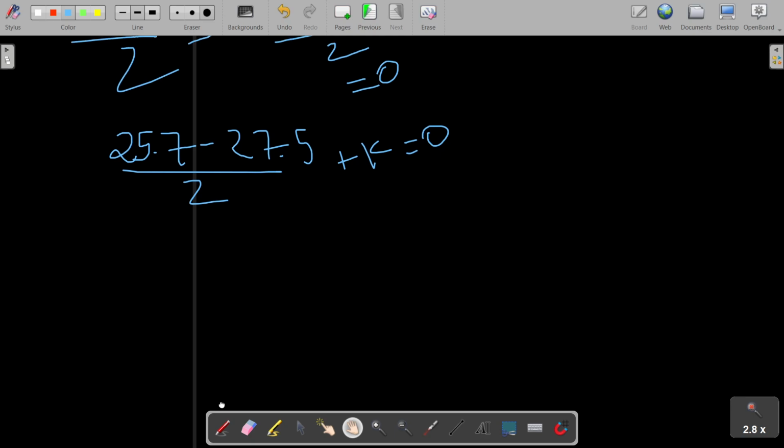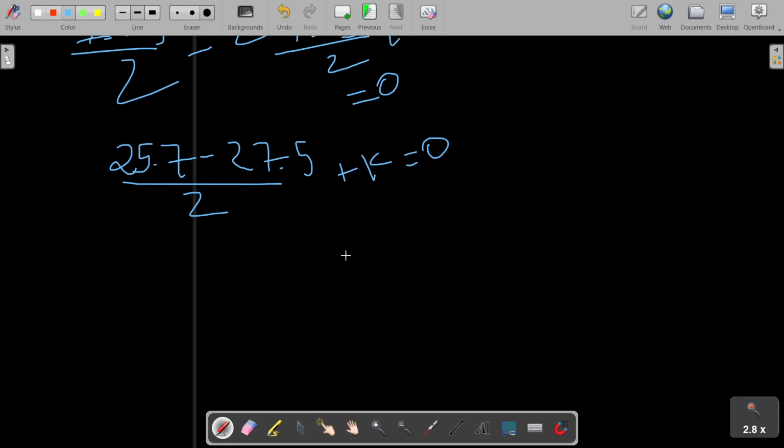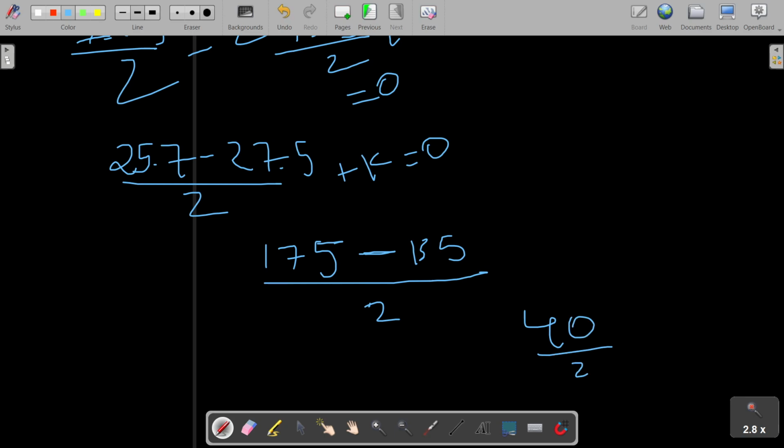And so let's multiply: 5 into 7 is 35, 7 into 25 is 175, and 27 into 5 is 135. So 175 minus 135 is 40, divided by 2.